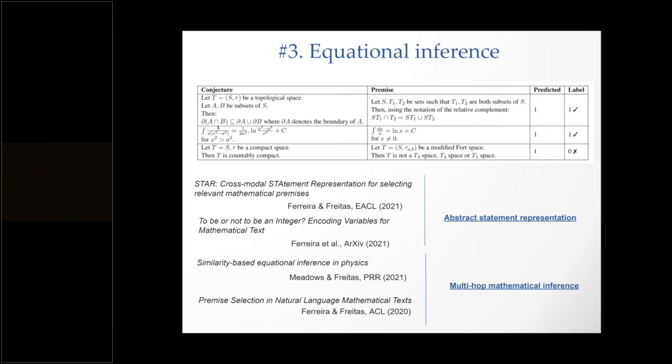So there are now existing models that use similar principles to what I discussed before to encode mathematical abstract inference, so multi-hop inference over mathematical proofs. So again, given that you have a set of mathematical statements that you can mine and extract from papers, how do you put that together to deliver a new proof in mathematics?